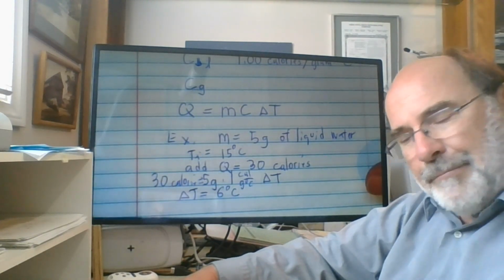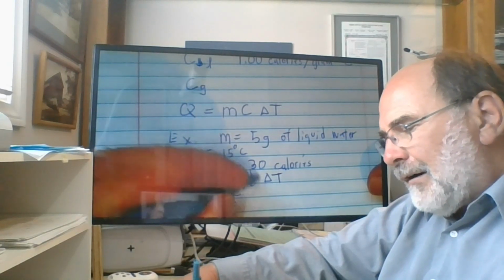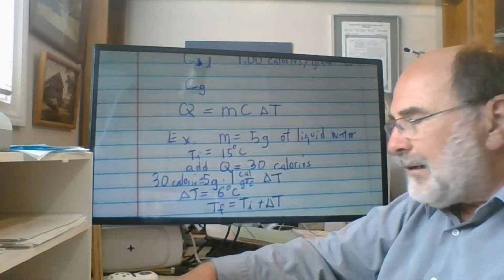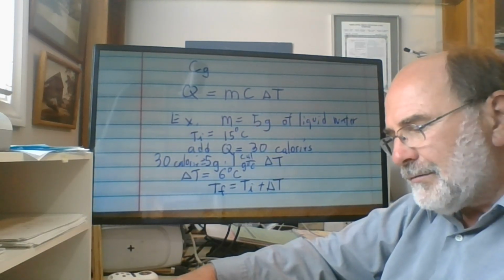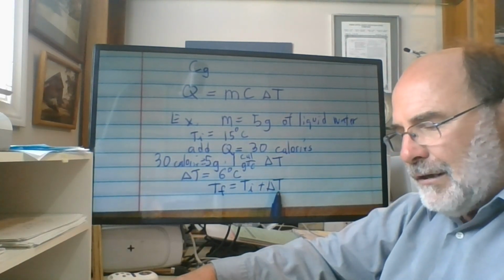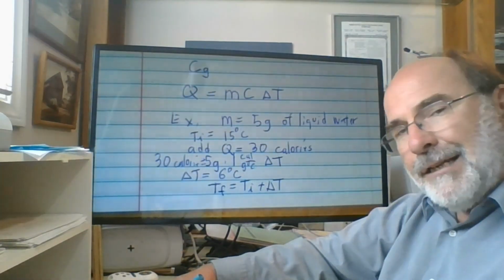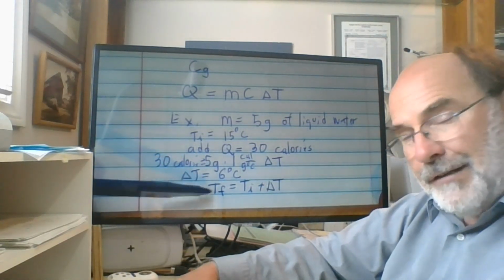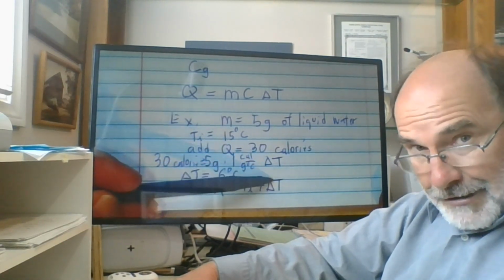And last step, if I start at a temperature of 15 degrees and I increase my temperature by 6 degrees, here's another way of expressing change in temperature. Change in temperature is defined as your final temperature minus your initial temperature. So when you rearrange that, the final temperature is equal to the initial temperature plus the change in temperature.